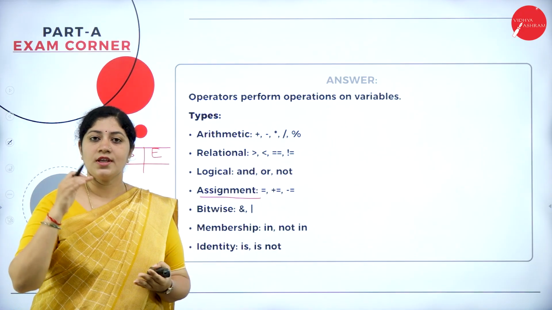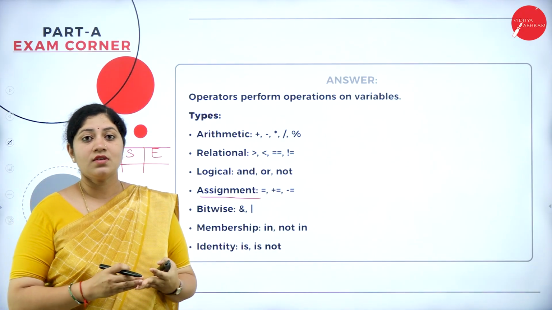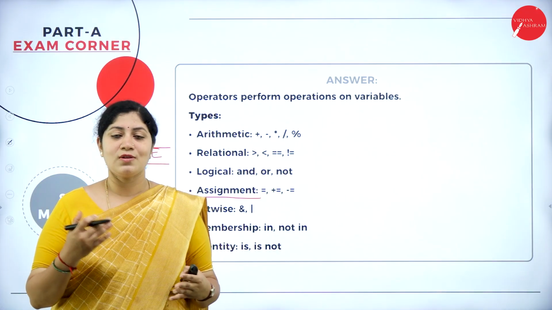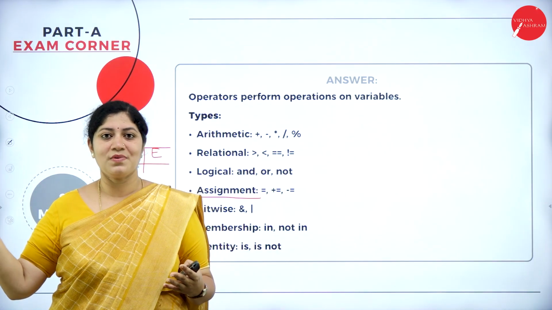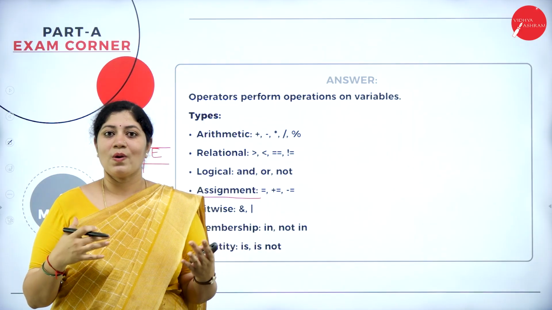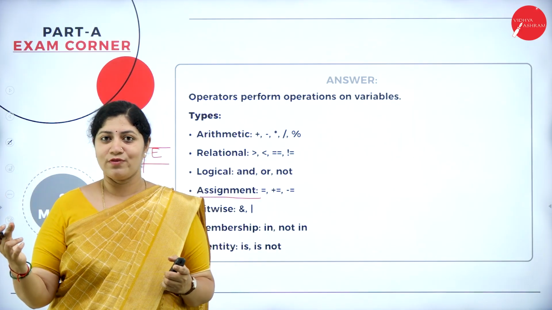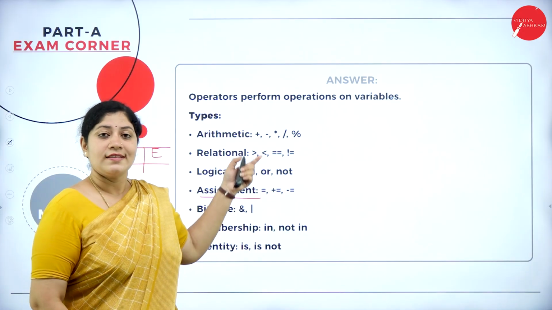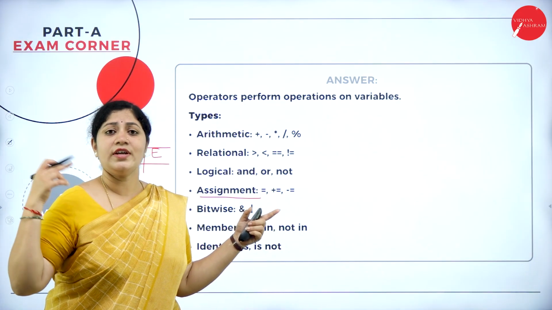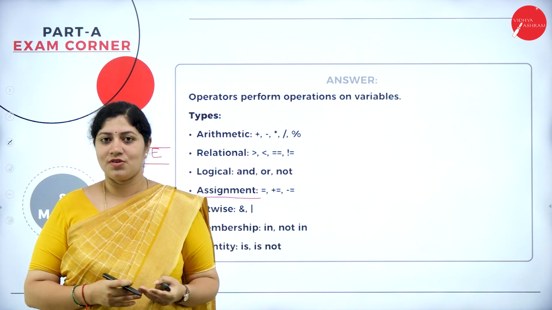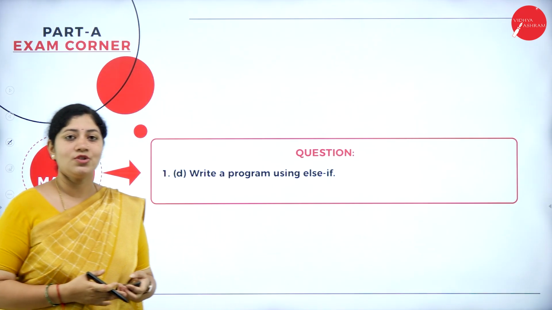That's the thing you are supposed to follow. Now in this revision class, if I do all that, then our revision will not be a revision, it will be a complete unit class, a complete concept class, which we have already done for you. As it's a revision, let's quickly revise what has to be written and how it has to be written. Great, let's move on to the next question.